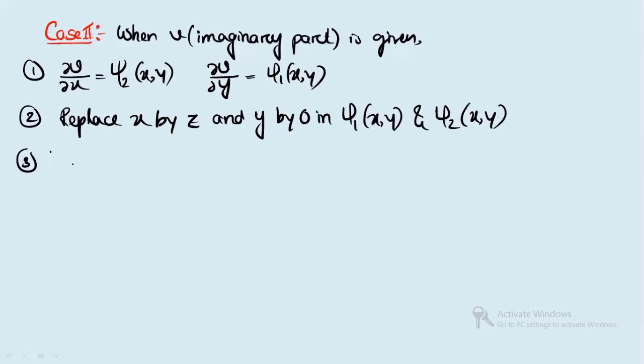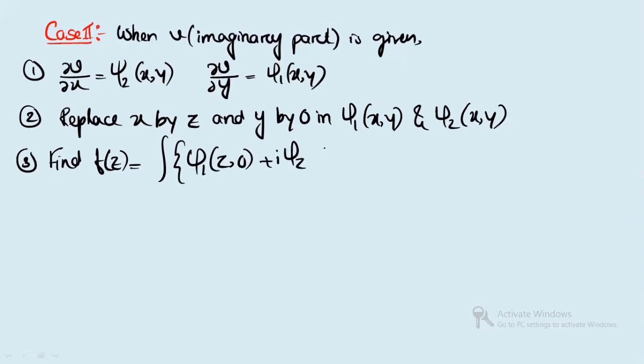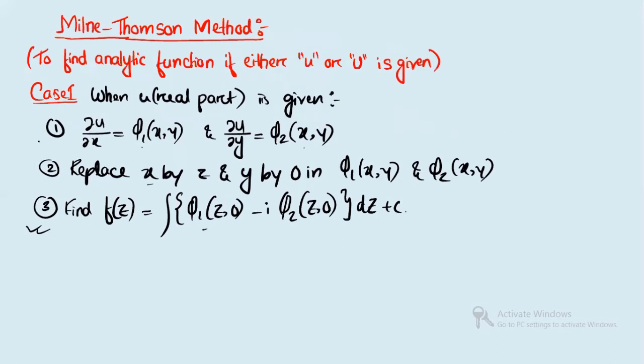You will have to find the function f of z, and you will write it equal to the integration of psi 1 of z comma 0 plus i psi 2 of z comma 0, dz plus c. Remember the sign here is plus, but for u the sign was minus.